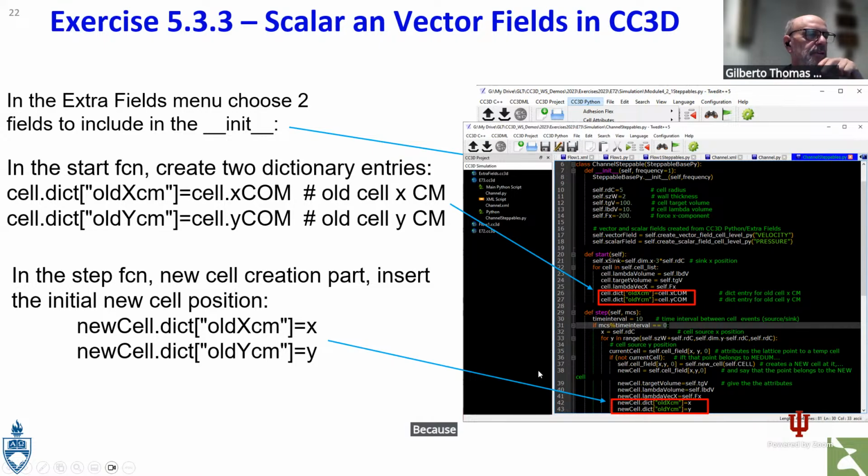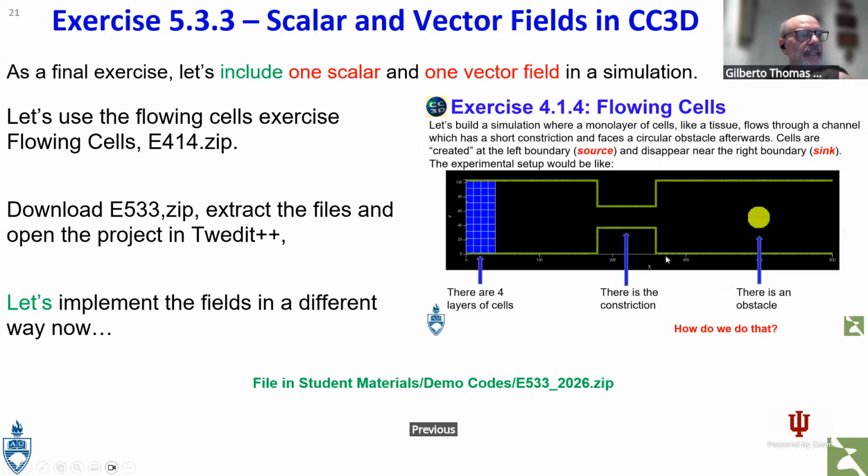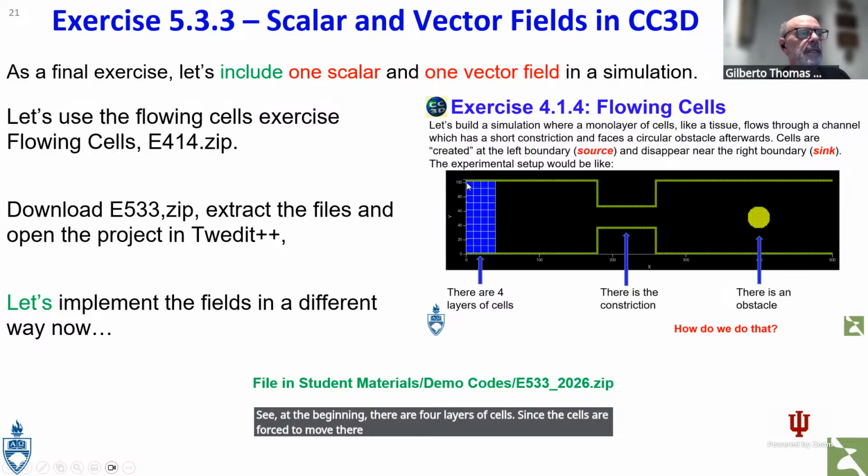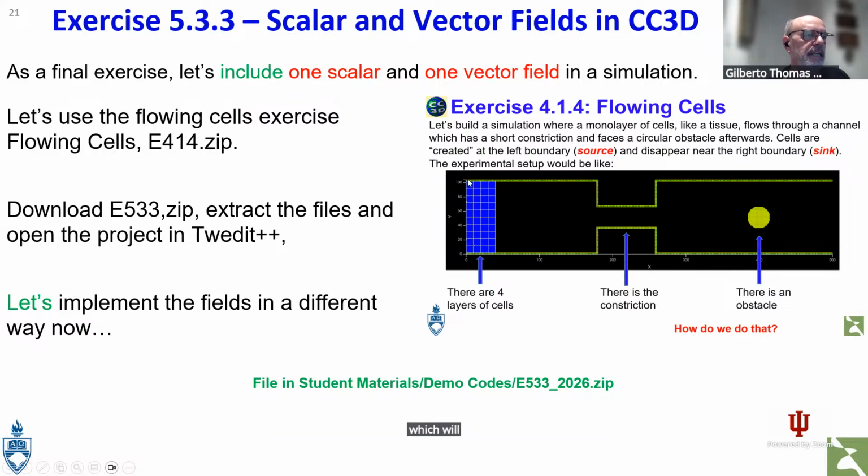at the channel, cells are being created. Here in lines 37 and 38, I'm creating cells. Let me go back to the previous slide. See, at the beginning there are 4 layers of cells. Since the cells are forced to move, there will be open space here.